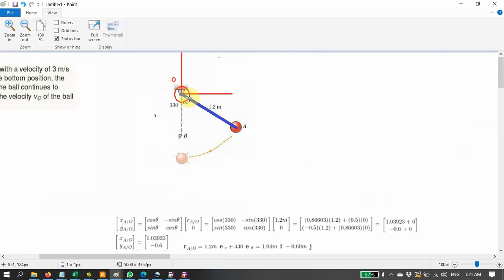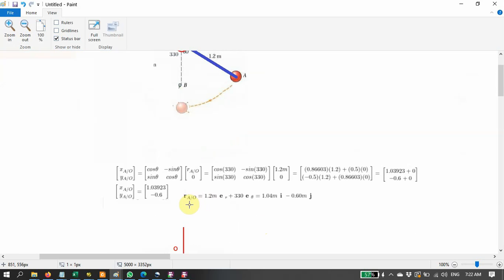We have the string, which is 1.2 meters. The first angle we release is 60 degrees, so we need to do a conversion from the rectangular coordinate system to the polar coordinate system. I think this one is based on the cylindrical polar coordinate system. We have r and then we have the theta coordinate. The angle made by the r axis with the x axis is 330 degrees.